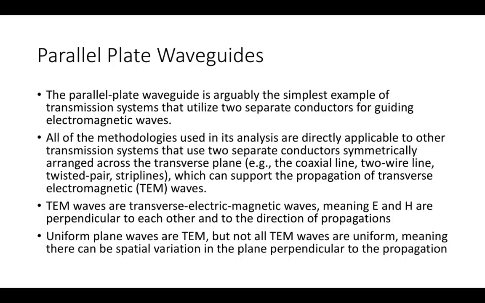So what this means is there can and will be spatial variation of the E and H fields in the plane that is perpendicular to the direction of propagation. That's the main difference that we're going to encounter as far as the wave itself in a waveguide: if we go in the different directions, in the x and y directions, if propagation is in the z direction, we'll find variation of the values of the field.